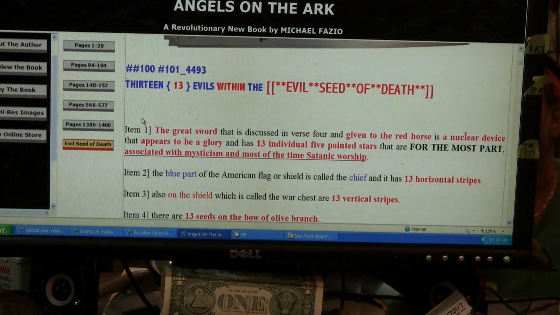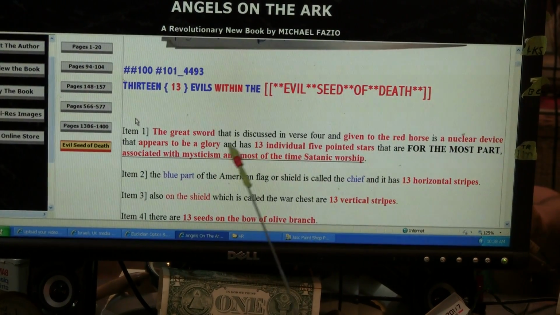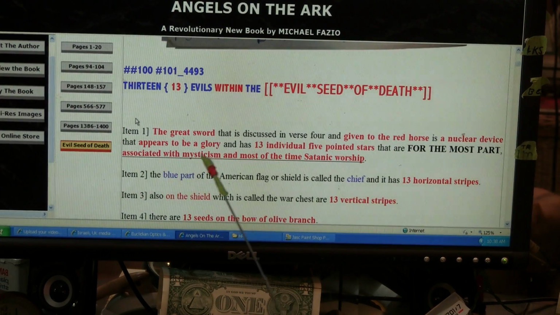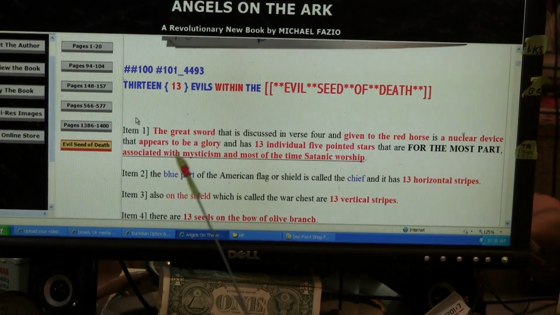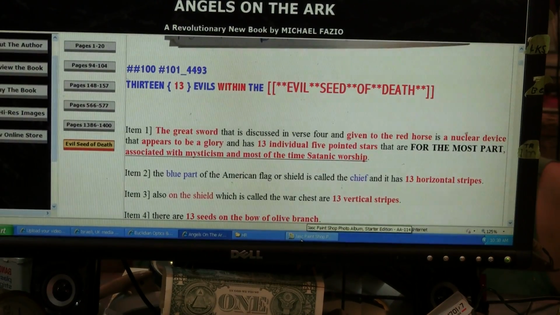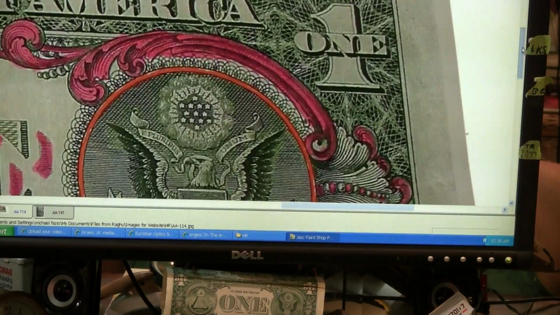The first item is the great sword that is discussed in verse 4 of Revelation, given unto the red horse, and is a nuclear device that appears to be a glory and has 13 individual 5-pointed stars. So this is the first evil, which is a nuclear device, and we are going to expand this once again.